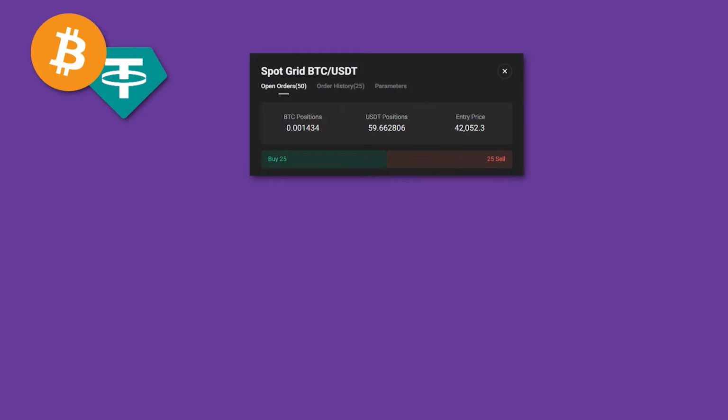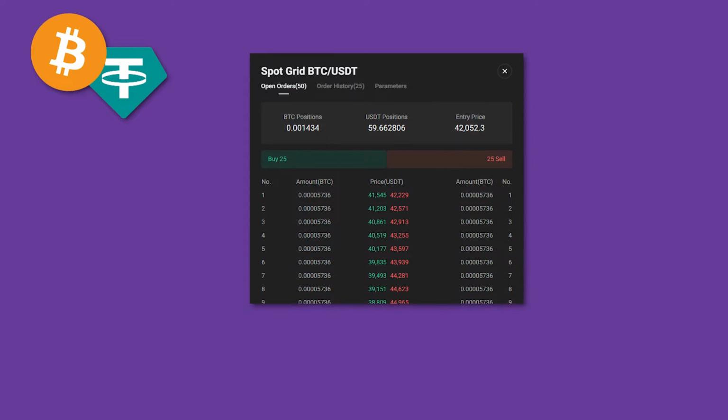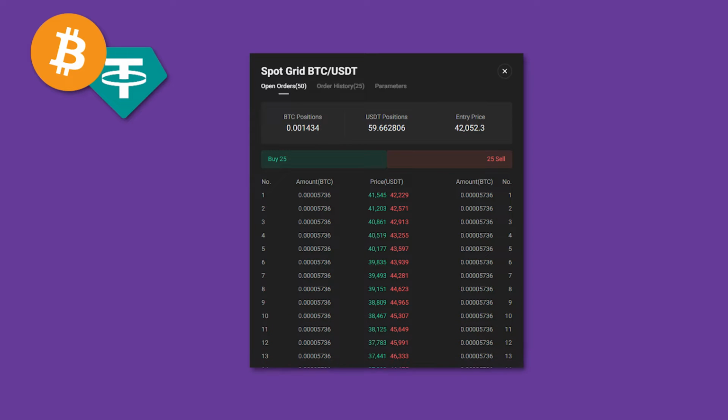Throwing my money into a grid bot is not something I do lightly. Let's take a hypothetical example, and let's say we consider the BTC USDT pair. When you start a grid bot, the first action it undertakes is to buy some BTC, thereby preparing to sell if the price rises.